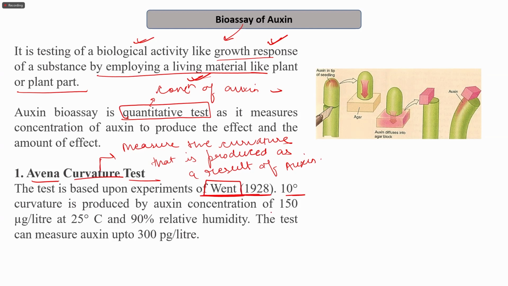A 10-degree curvature is produced by auxin concentration. So we have created a standard where it has been shown that a 10-degree curvature is produced by an auxin concentration of 150 micrograms per liter at 25 degrees centigrade and 90% relative humidity. The test can measure auxin up to 300 picograms per liter. So we have a standard curve for that, which is known as the shadow graph. We have a shadow graph, which is the standard curve.